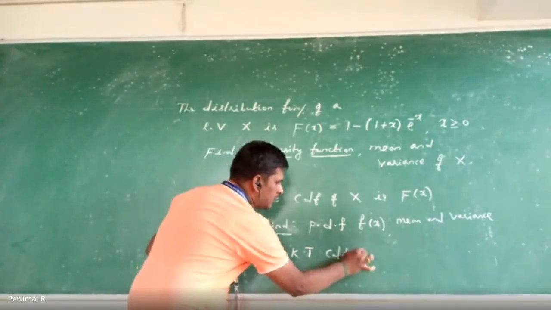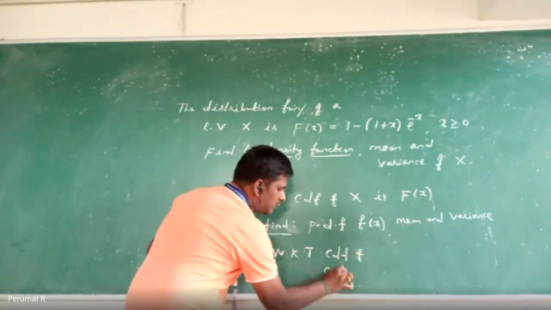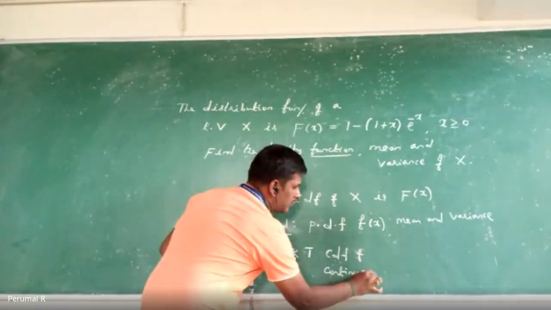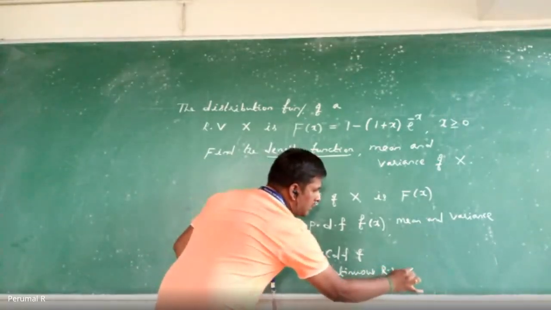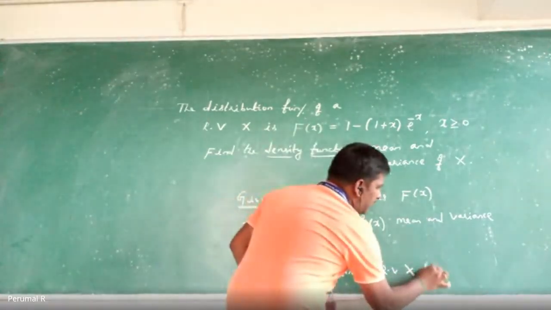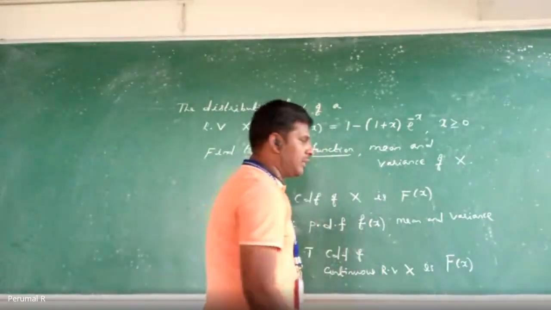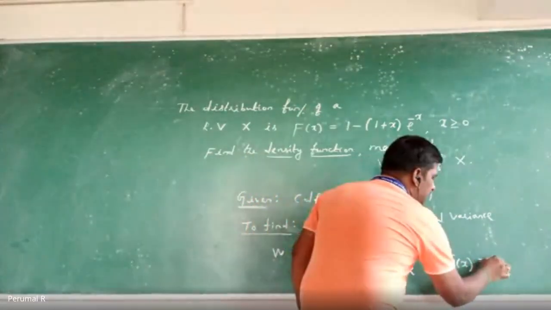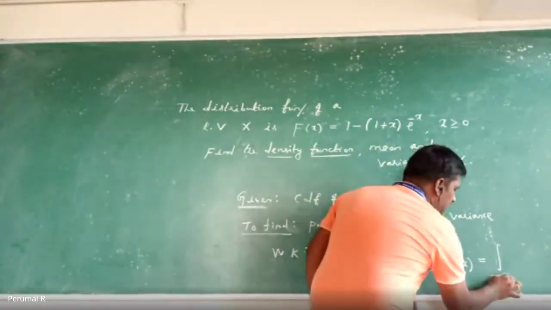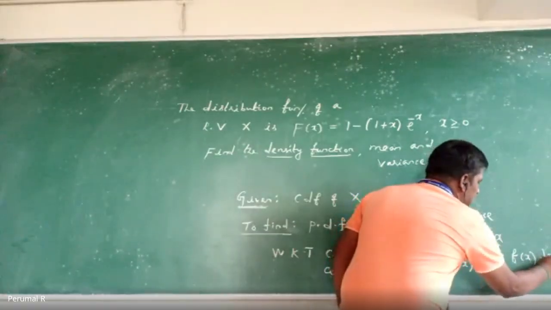The CDF of a continuous random variable capital X, what is the formula? Capital F of x is equal to the integral from minus infinity to x of f of x dx.